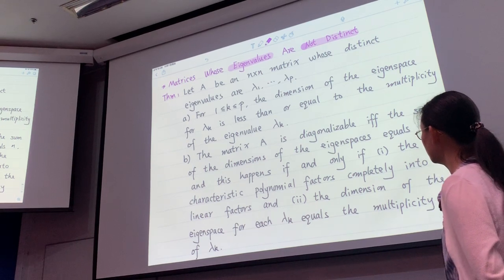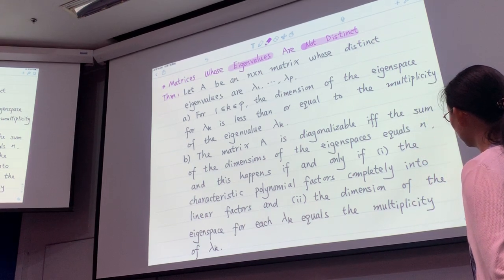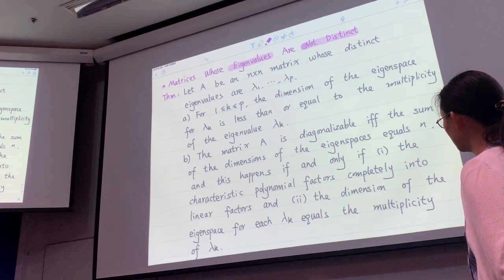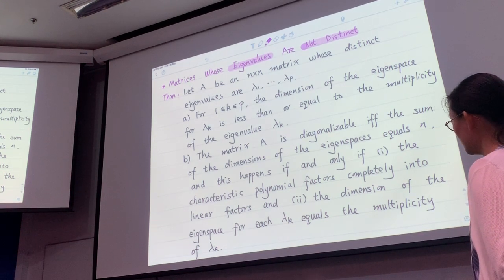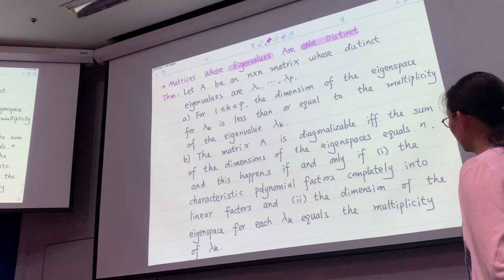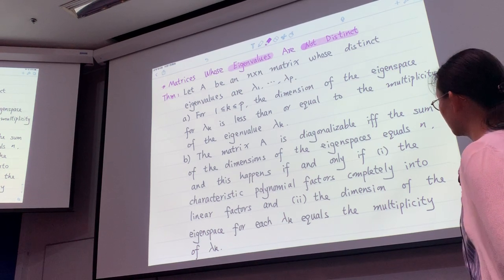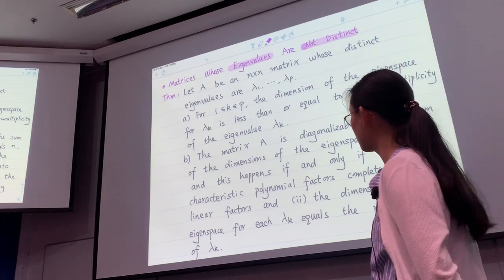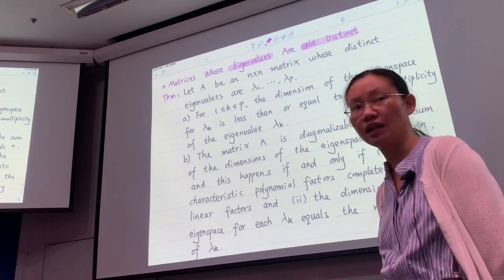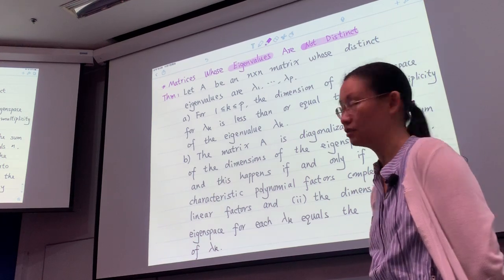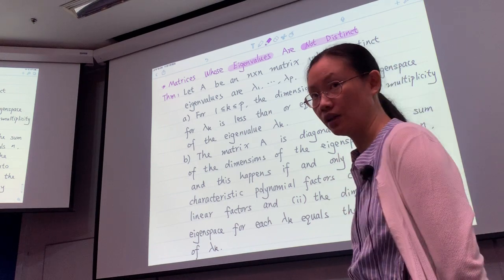For k from 1 to p, the dimension of the eigenspace for lambda k is less than or equal to the multiplicity of the eigenvalue lambda k. So this is a fact. The dimension of the eigenspace could be equal to or less than the multiplicity of the eigenvalue.